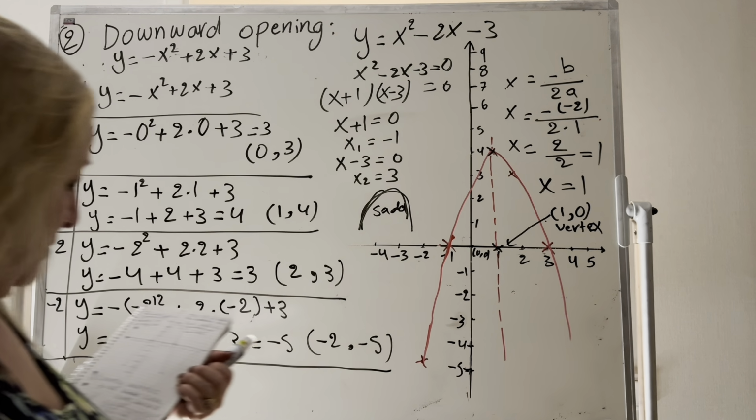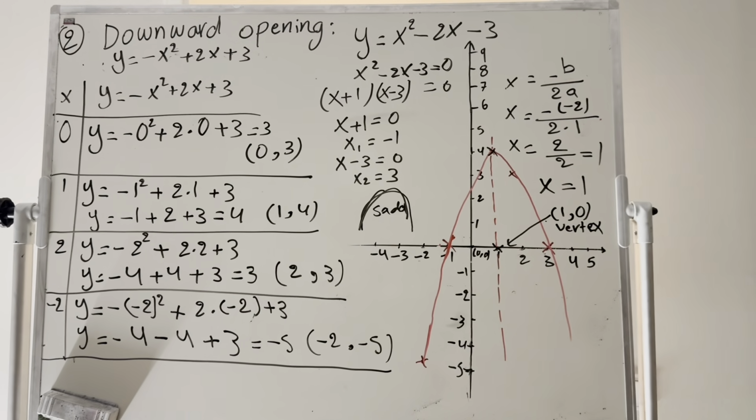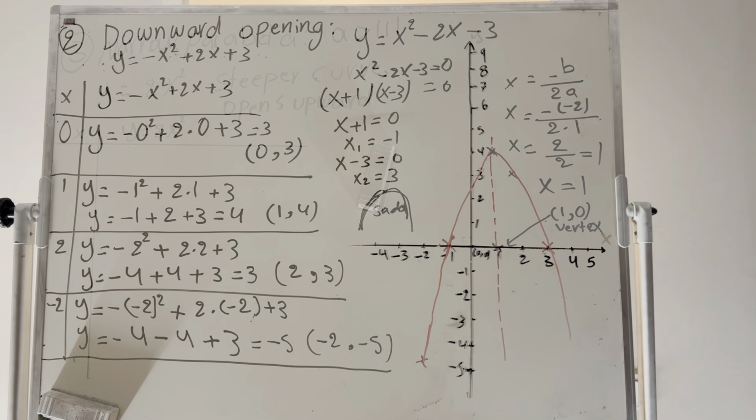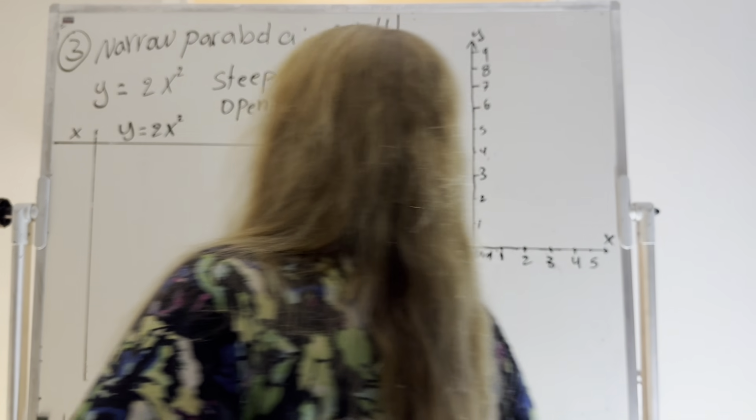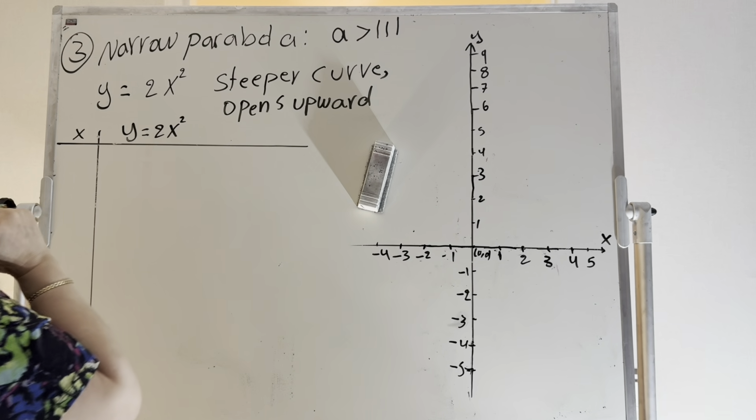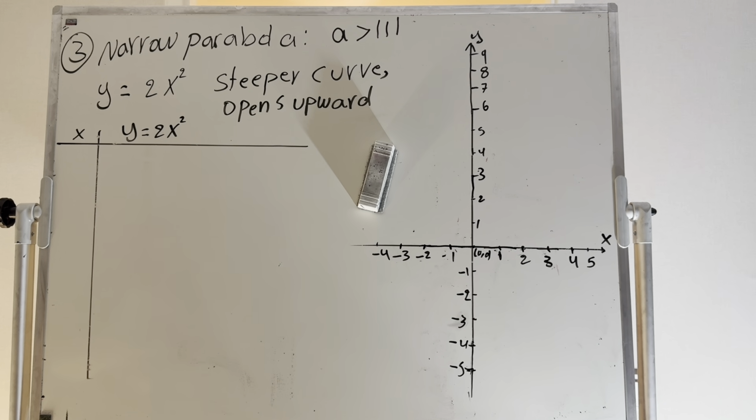Now the third example is when the parabola is narrow and a is bigger than 1. When we look at the equation, we see a equals 2, bigger than 1. Steeper curves open upward.